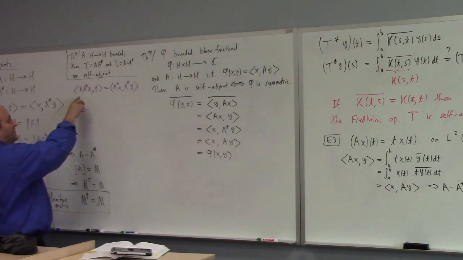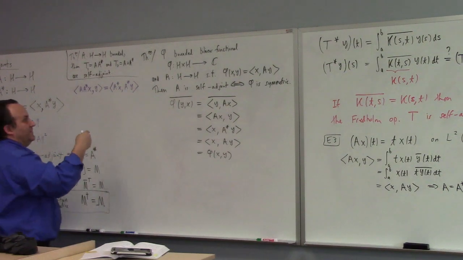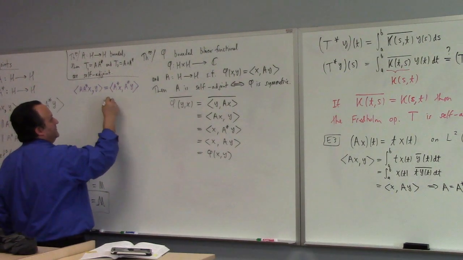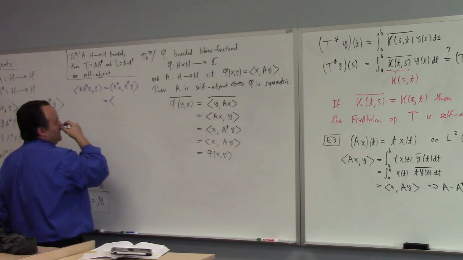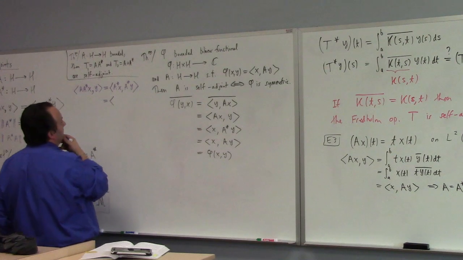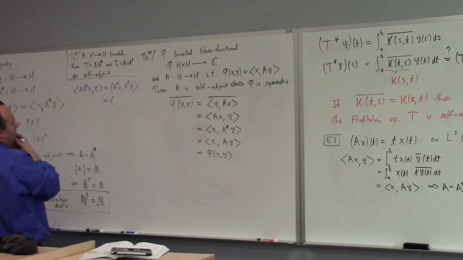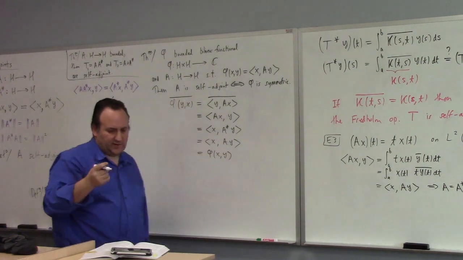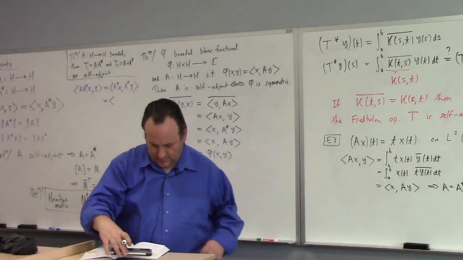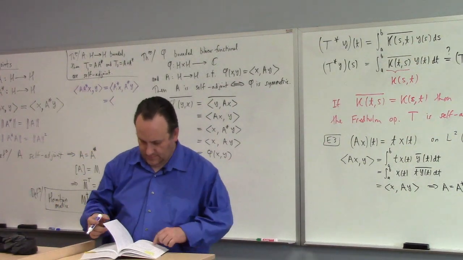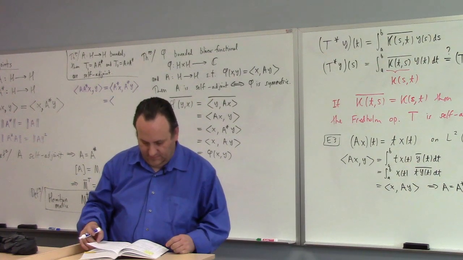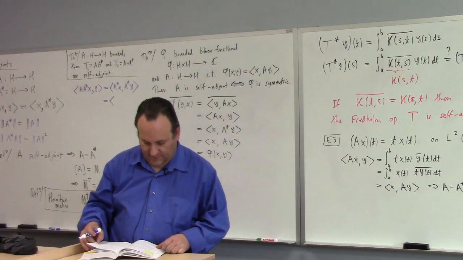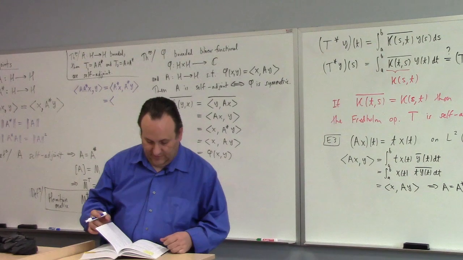So this is the composition of A star with A, x, right? And then this is equal to, let's see here. Oh man, did we already prove that the adjoint of the adjoint? Do we have that the adjoint of the adjoint is the, oh yes. That was a direct consequence of the definition. So back on page 158, we mentioned that the adjoint of the adjoint is A again.